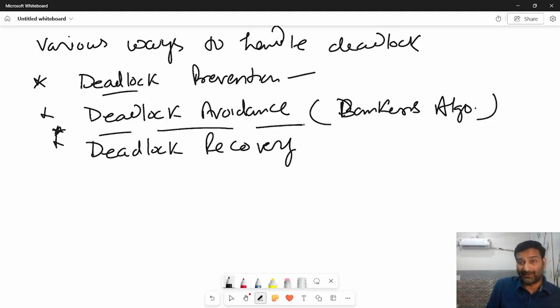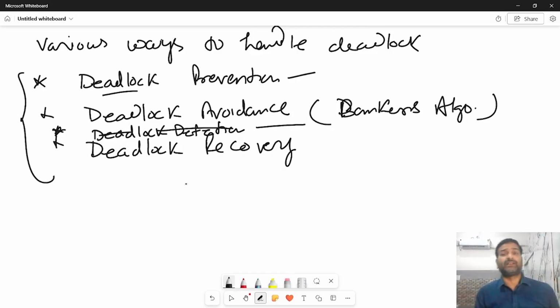Here we will apply an algorithm known as Banker's algorithm. And the next is that we can also use deadlock detection and then deadlock recovery. So these are the various ways to handle deadlock.